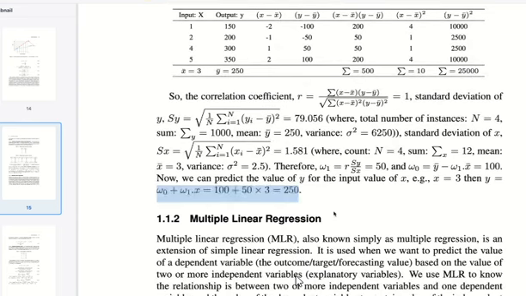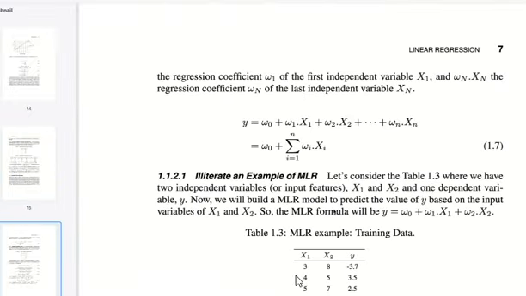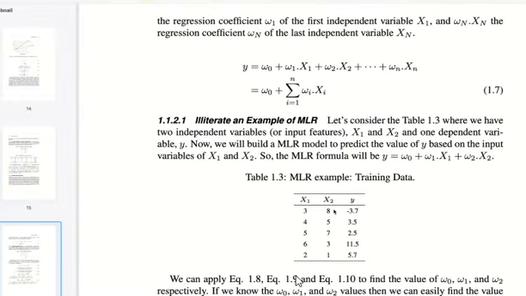Okay, if not, then we can move to the next section, which is multiple linear regression. In multiple linear regression, we have one dependent variable but multiple independent variables. Here you can see equation 1.7, we have multiple independent variables x1, x2, up to xn.